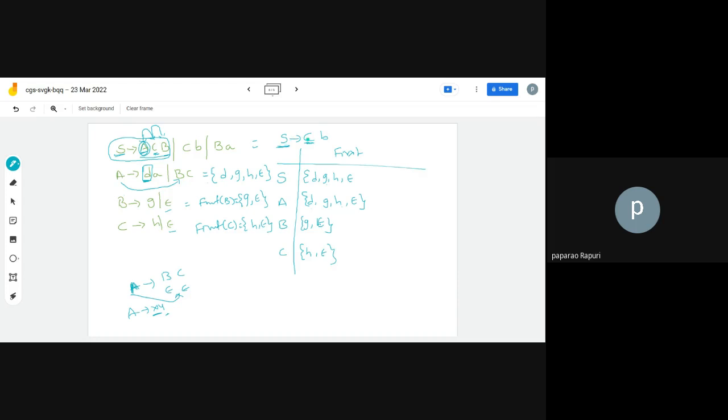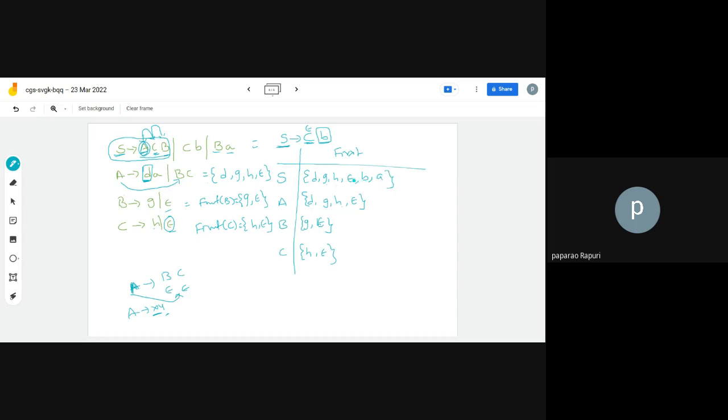So first of S is equal to first of C. First of C means again H, already included. Suppose if C is epsilon, next we are having the terminal b. So for this case we can add small b, and from this we can add small a.